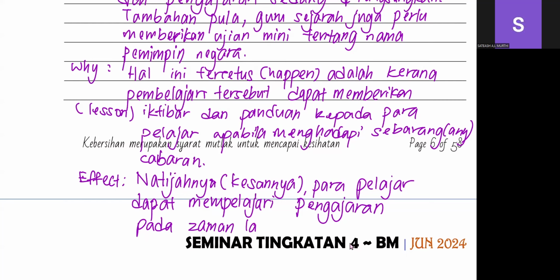Zaman lampau means past. Dan you will not repeat, dan tidak mengulangi kesalahan tersebut. You won't repeat the mistake.